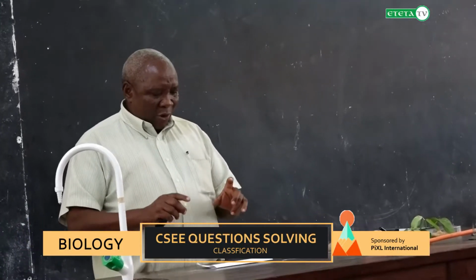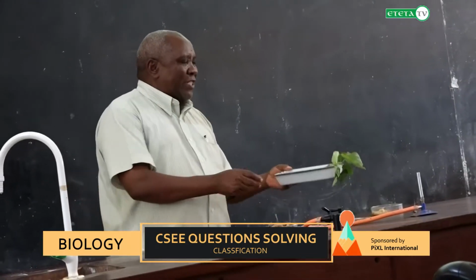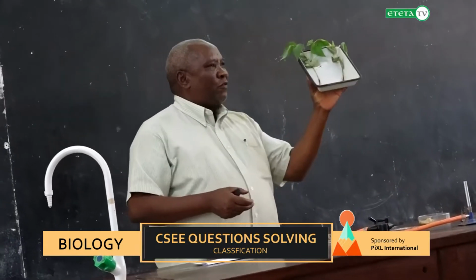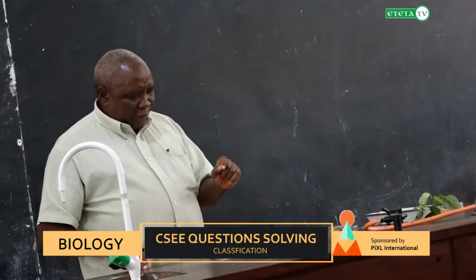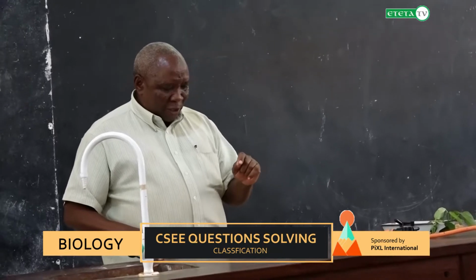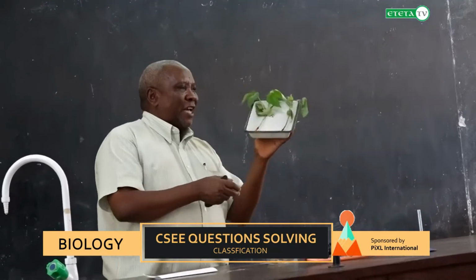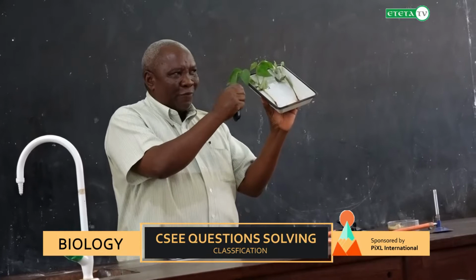Part C, Roman 1. What is the habitat of the specimen Q? Explain. What are the habitats of the specimen Q? And also, Roman 2. Why is it important for biology students to know the habitat of the specimen Q? Why is it important for you, as a biology student, to understand the habitat of this specimen?